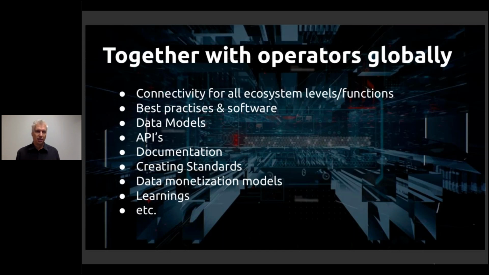One of the key pieces is data models, which is basically the structure of what data exists in our ecosystem in different functions, and how we can make that compatible with other ecosystems so we can send and write and read information between the ecosystem functions within and between ecosystems.